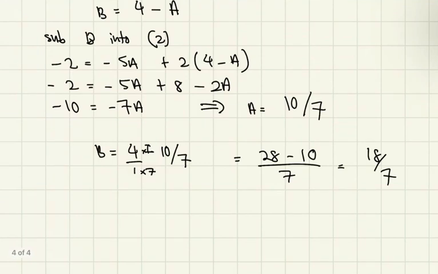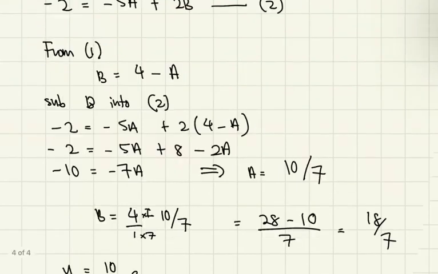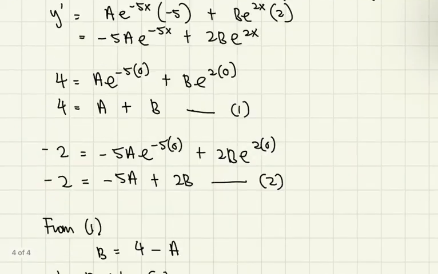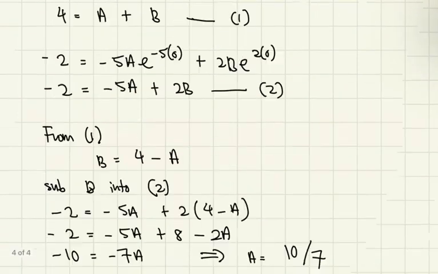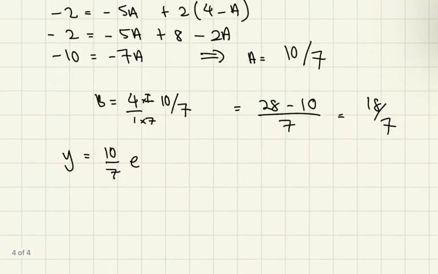So a is 10 over 7, b is 18 over 7, hence the particular solution will be, substituting, 10 over 7 e^(-5x) plus 18 over 7 e^(2x).